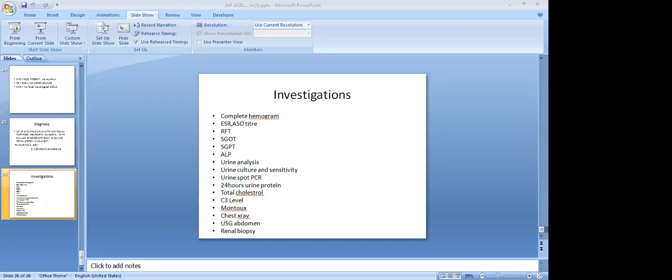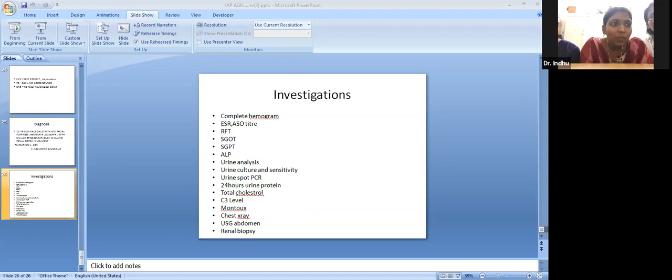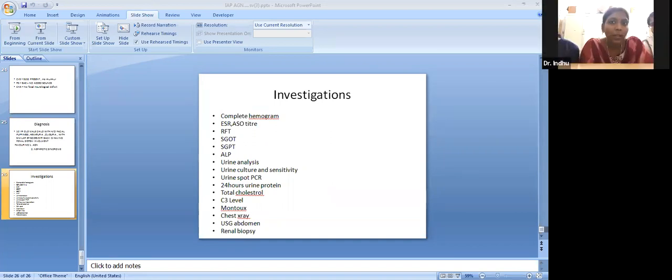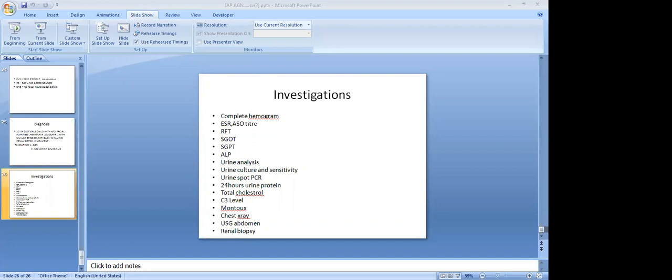In other words, if the C3 is low persistently beyond how much period will you go for biopsy? More than 1 month. No, it's 3 months.